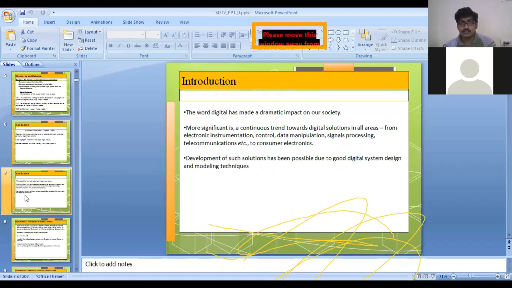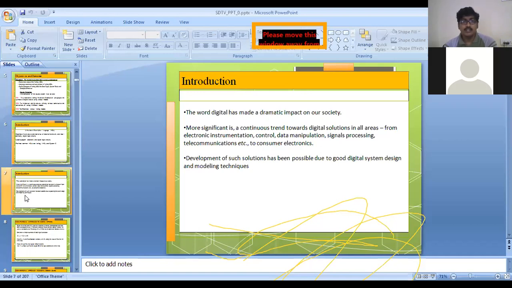We are using different types of ICs when there is some digital display, or if you see any of the gadgets which are digital, definitely there will mostly be an integrated circuit.